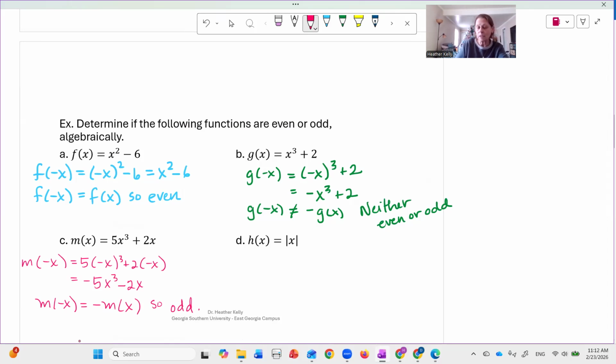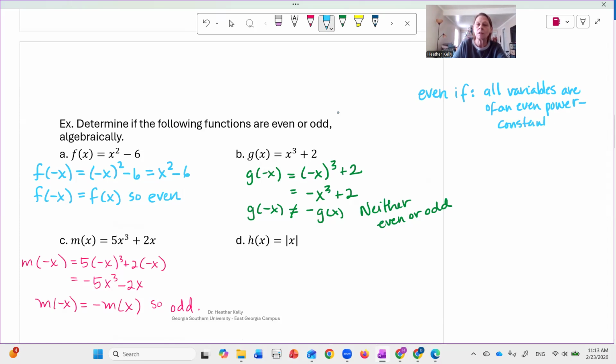And before I do the last one, let me just lay out for you some basic guidelines, okay? So the function's going to be even, and this is generalized but usually works, if all variables are of an even power and constants are okay.